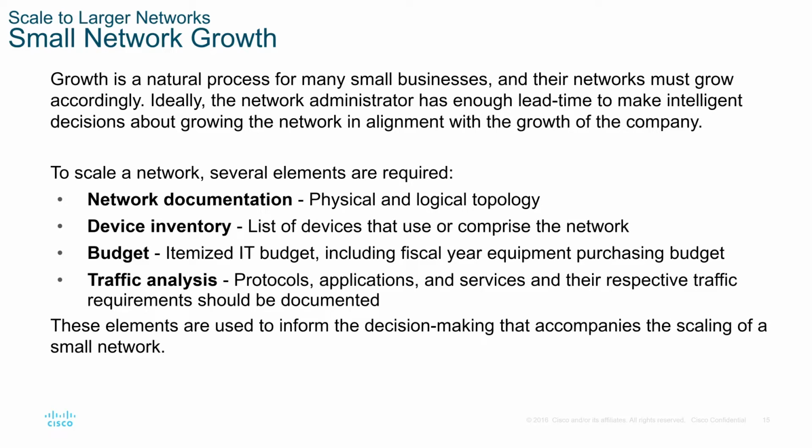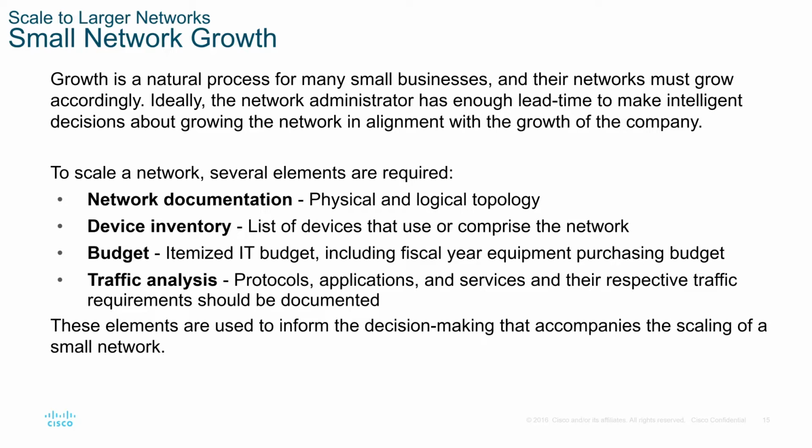The budget. And this is an itemized IT budget. It includes the fiscal year equipment and a purchasing budget. And this should be factored in as part of a multi-year plan to improve the network. Traffic analysis. The protocols, applications, and services and their respective traffic requirements should be documented.